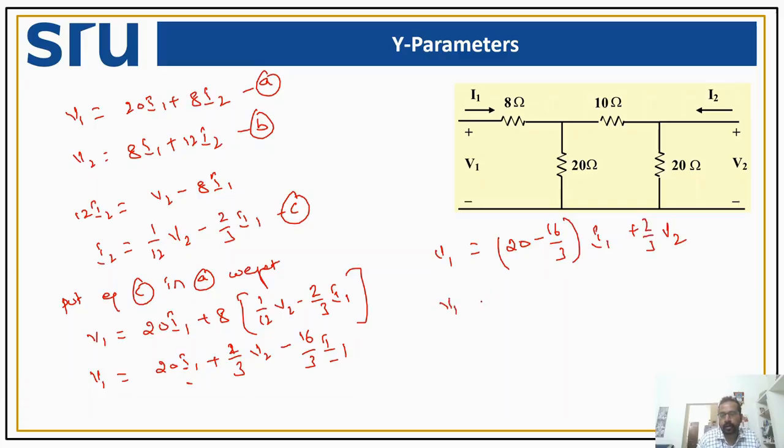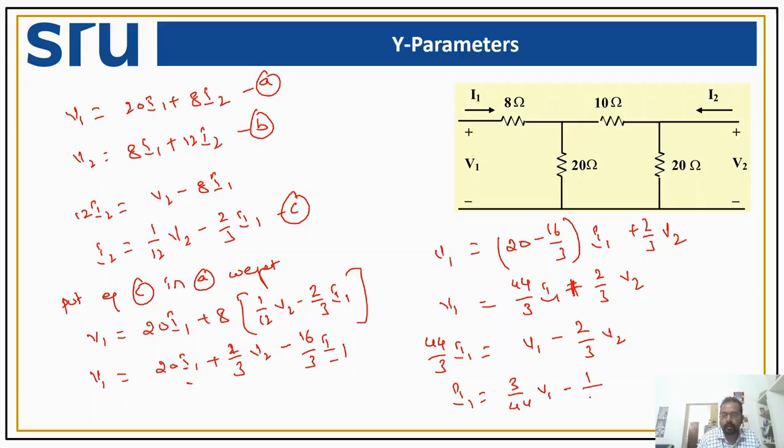So V1 is equal to 60 minus 16, 44. So 44 by 3 I1 plus 2 by 3 V2. So let us bring this V2 towards left. We get 44 by 3 I1 is equal to V1 minus 2 by 3 V2. So I1 is equal to 3 by 44 V1 minus 1 by 22 V2.